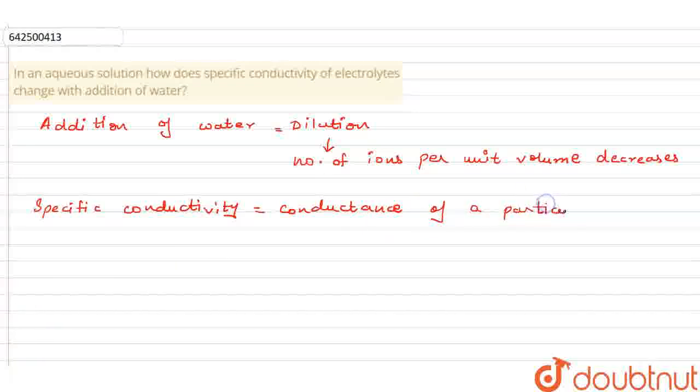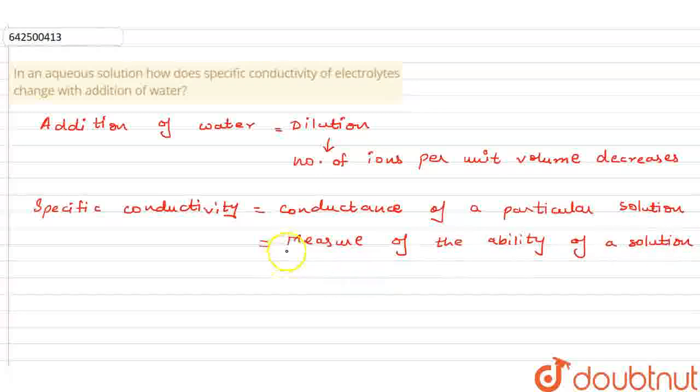Or to be more clear, it's specifically the measure of the ability of a particular solution to conduct electricity. So that is what specific conductivity is, which is also simply called conductivity.